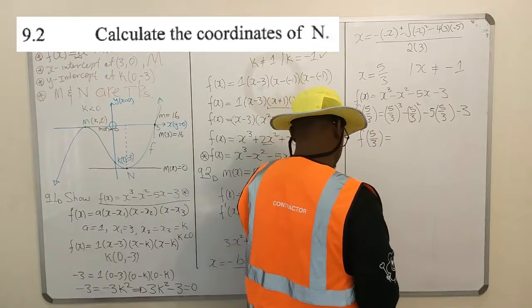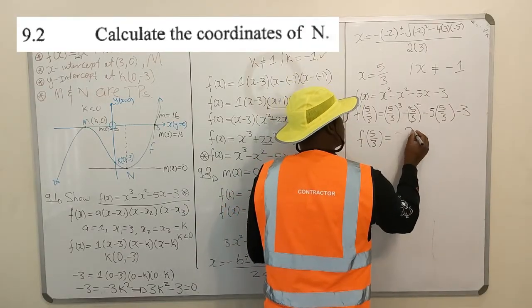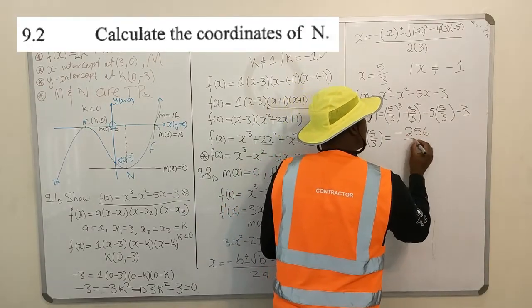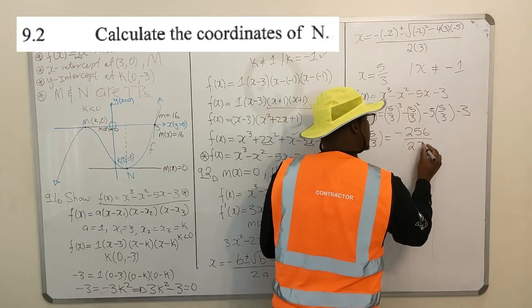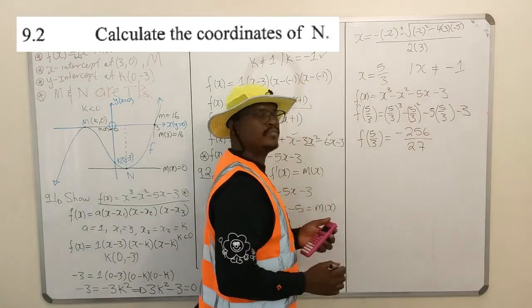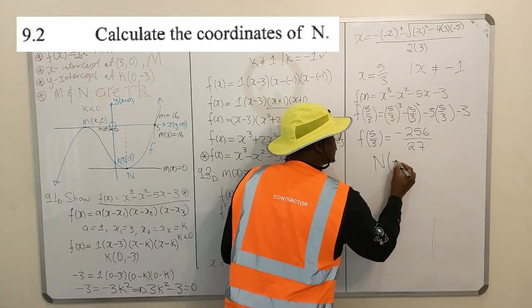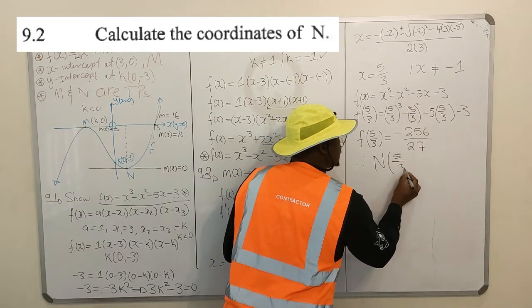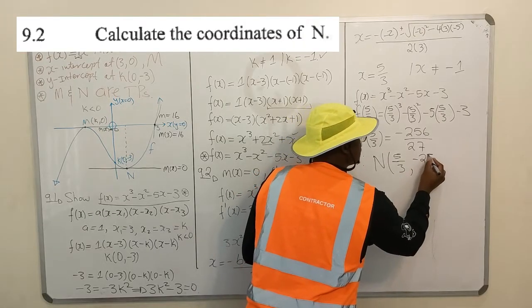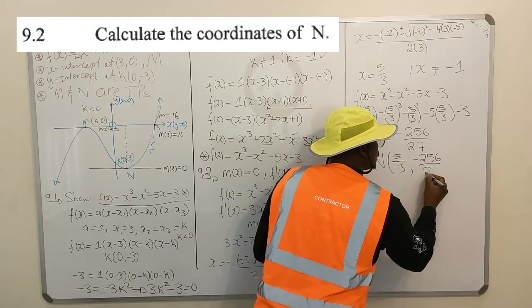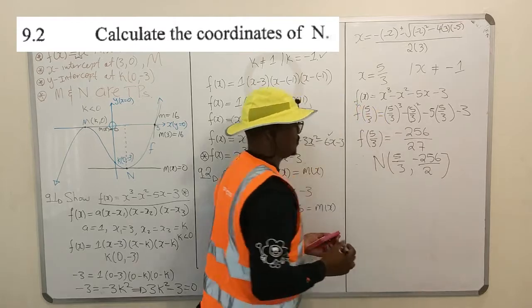So your answer is minus 256 over 27. This is the corresponding y value. Therefore, the coordinate of n is 5 over 3 and minus 256 over 27. These are the coordinates of n.